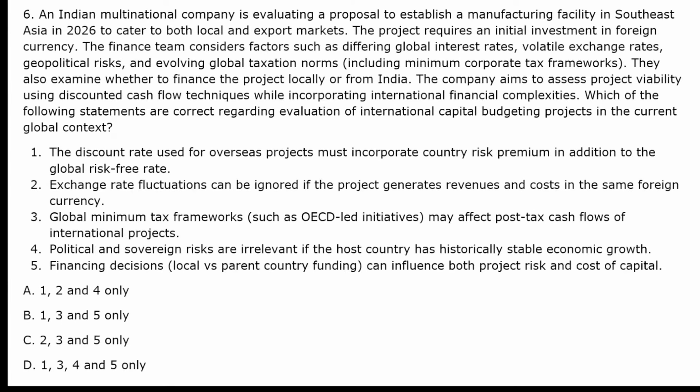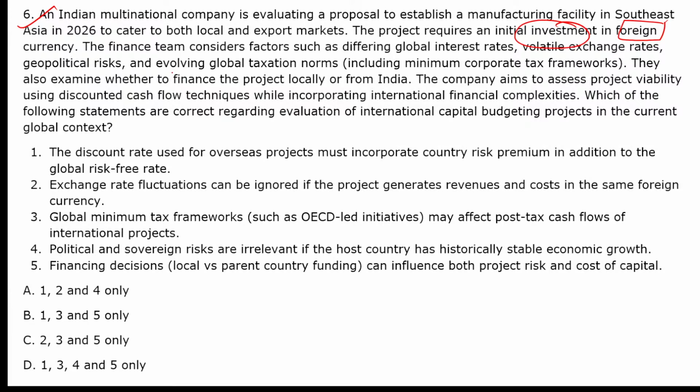An Indian multinational company is evaluating a proposal to establish a manufacturing facility in Southeast Asia in 2026 to cater to both local and export markets. The project requires an initial investment in foreign currency, dollars.